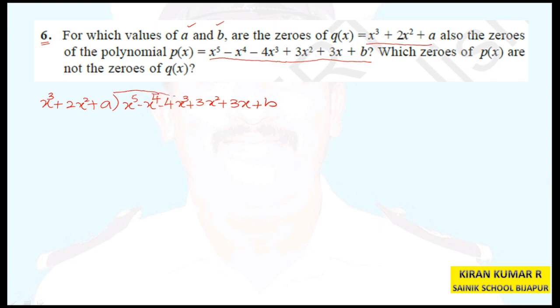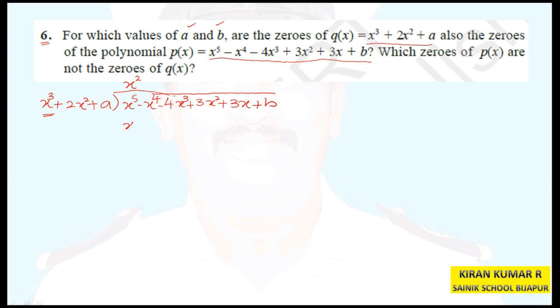This polynomial p of x is of the degree 5. The polynomial q of x is a cubic polynomial. So what should be multiplied to this first term, x cube, to get x to the power 5? x to the power 2 to be multiplied.